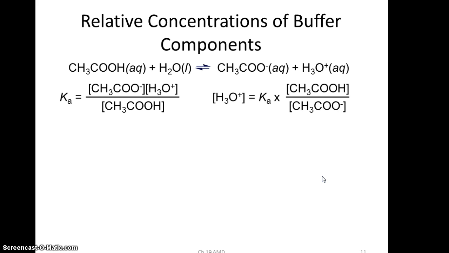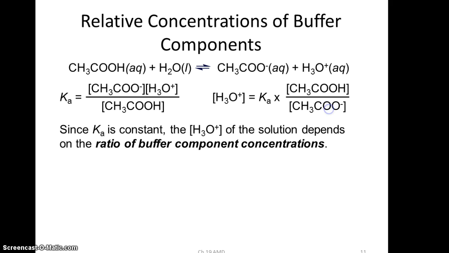Okay, so to get a little bit more into the nitty-gritty, we know that we can find the Ka for this reaction. This is something you're going to have to know for the exam. If we manipulate this, we can say the concentration of H3O plus is equal to the Ka times this ratio of the acid concentration over the base concentration.